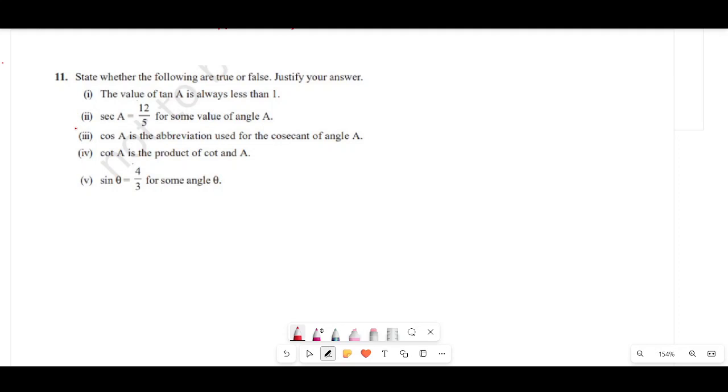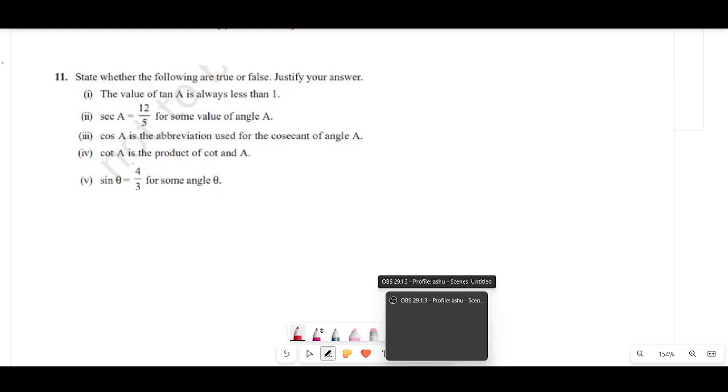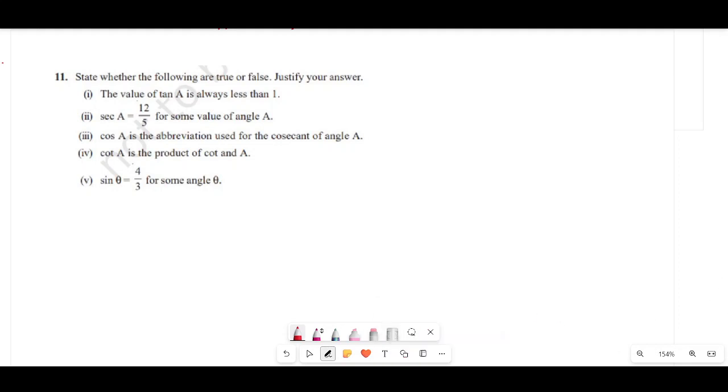If you consider a triangle, first we should draw a triangle.